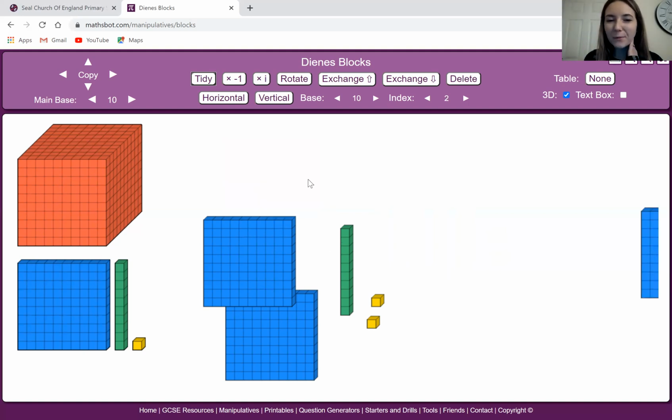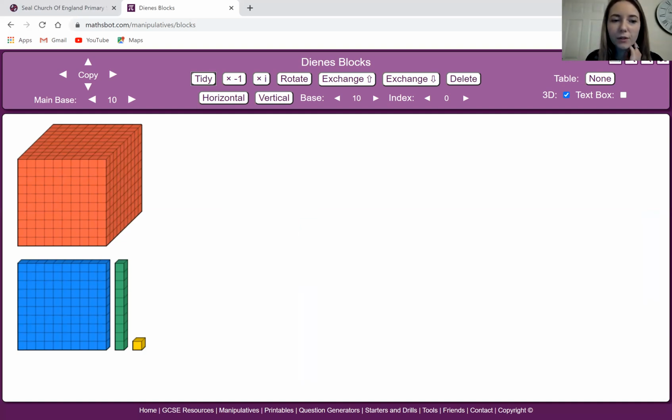No, because it was 102. There were no tens in there to take away. We're going to take away 2 ones. So what are we left with? 210. No ones, so we need to put a 0 at the end there because we haven't got any ones left. Well done.